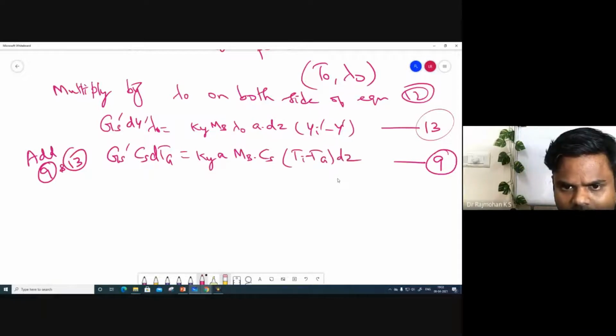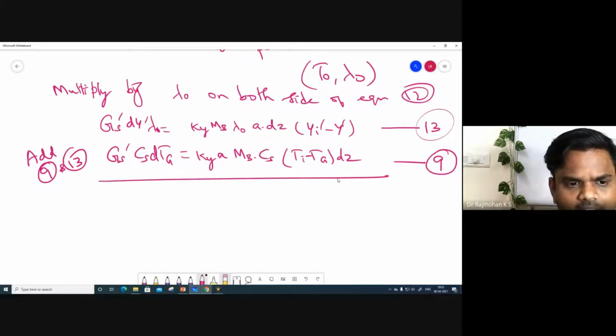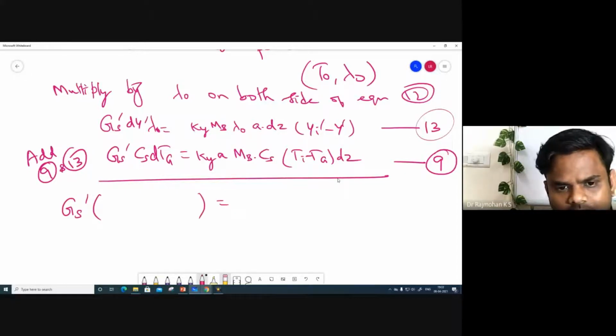So if we are adding these two equations, 9 and 13, Gs' is common on the left hand side. Similarly here ky is common, a into dz is common, and mB is common. So you can write ky mB a dz, and the remaining terms in brackets.